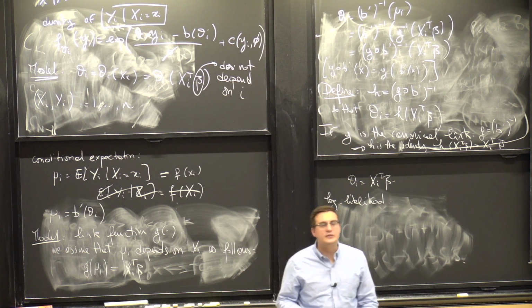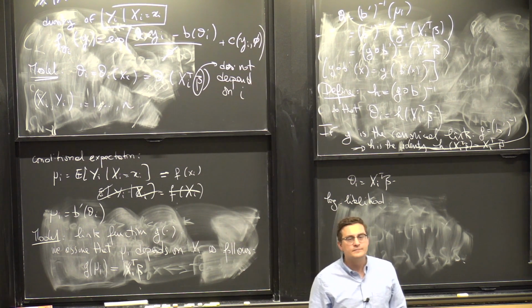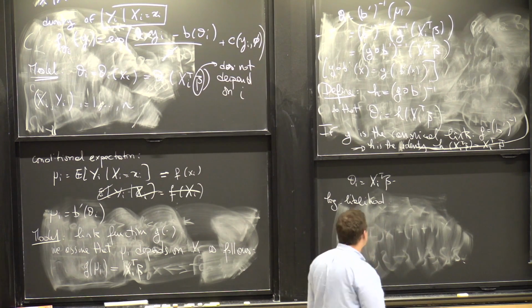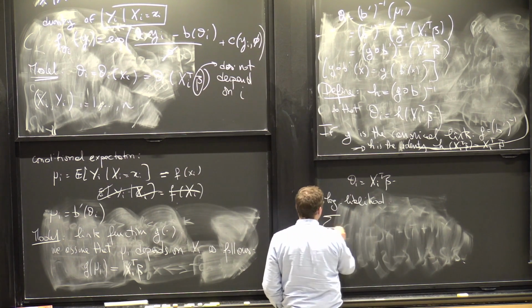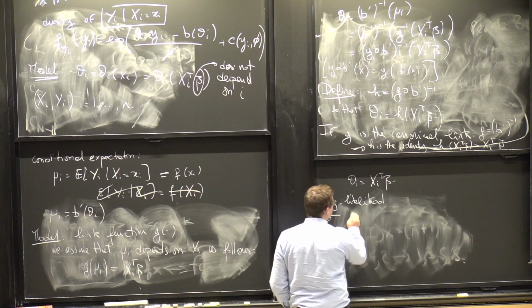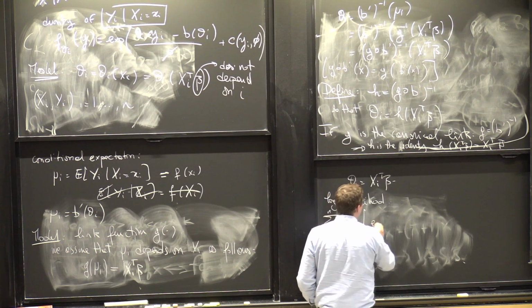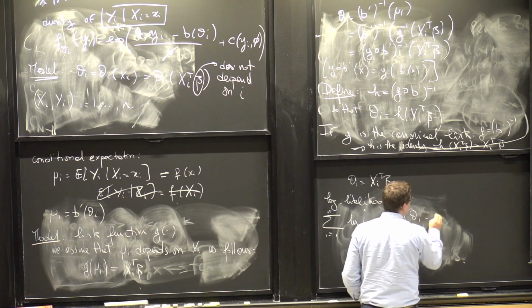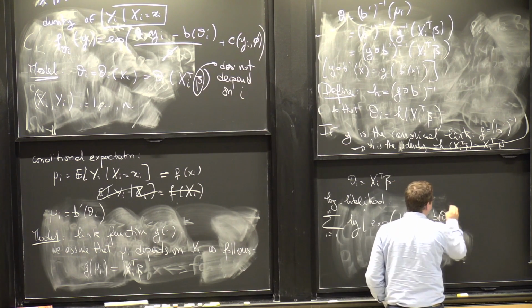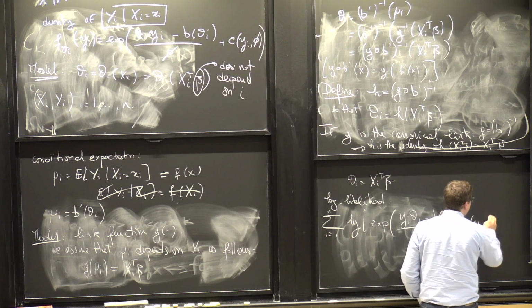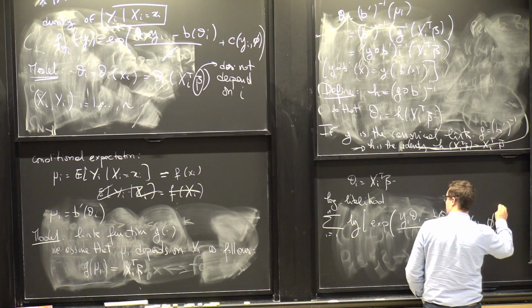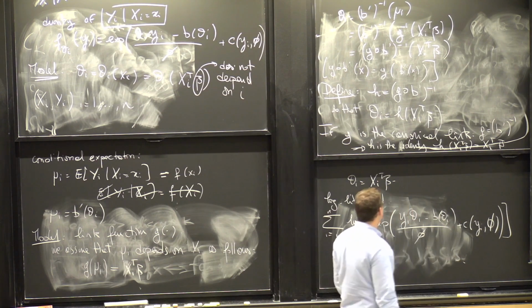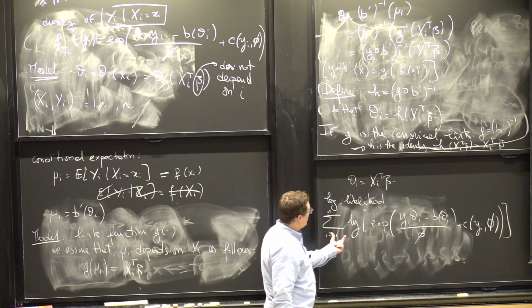the log likelihood is the sum of the log of the densities. So it's the sum from i equal 1 to n of log of exponential of yi theta i minus b of theta i, divided by phi, plus c of yi phi. All right, so this term does not depend on theta. So I have two things.